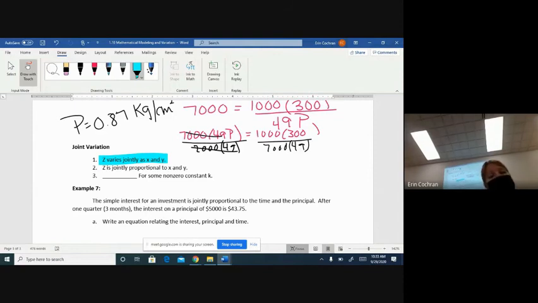Z is jointly proportional to X and Y. Remember, Y varies directly as X. Y is directly proportional to X. Y varies inversely as X. What's different here? It says jointly. Yep, that's something different. What else?